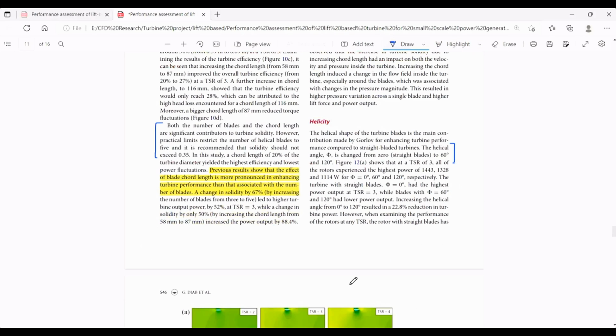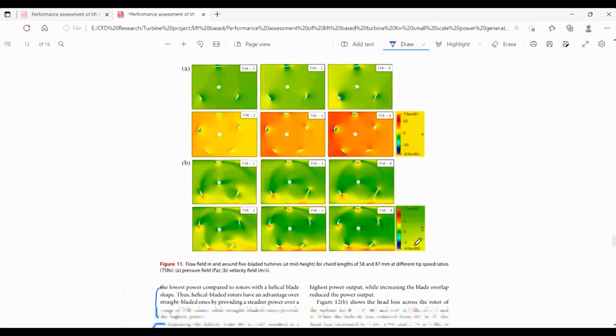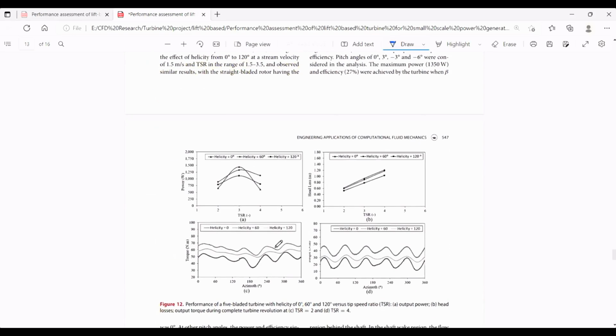The most important factor that the author has studied in his simulation is the helicity, and for that the author has varied the helical angle from 0 to 60 and 120 degrees, and the results are shown in these graphs. From this graph we can see that although the straight-blade turbine has greater power compared to the helical turbines, the head loss and the torque are improved in the case of a helical turbine.